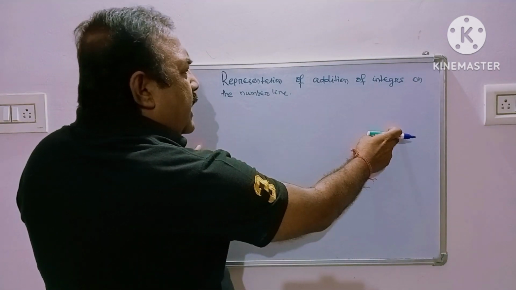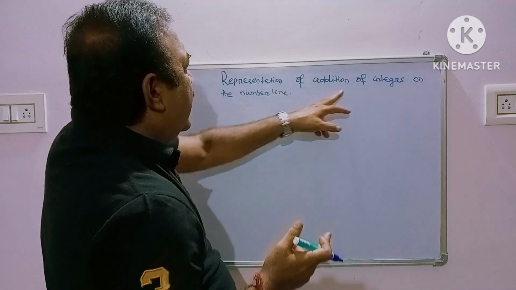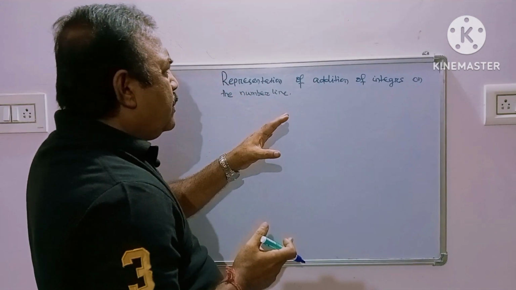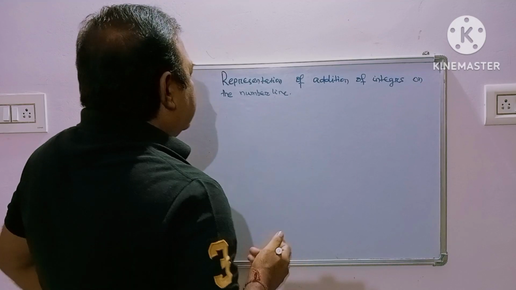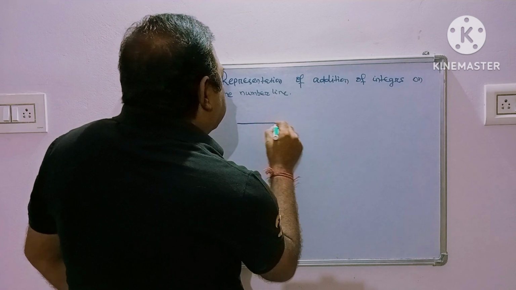We have to represent a line and place the numbers, that is a number line, and we will add the integers and show it. So at least use a ruler.